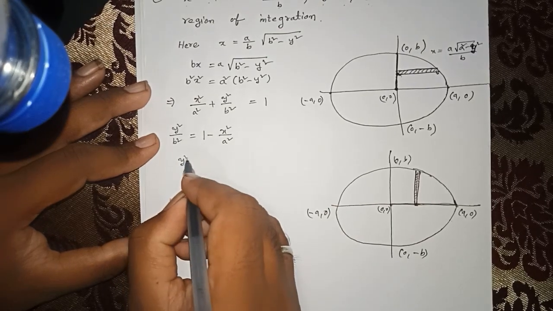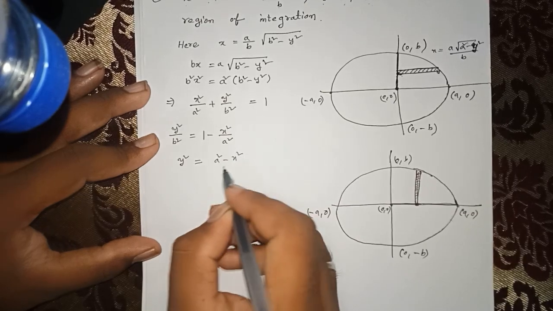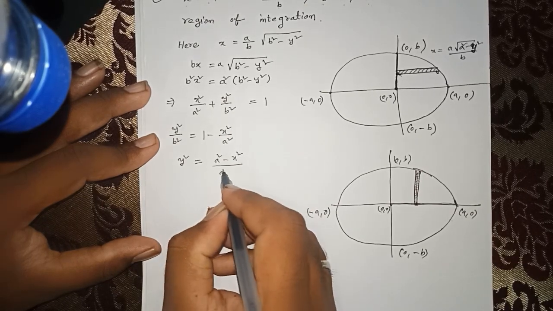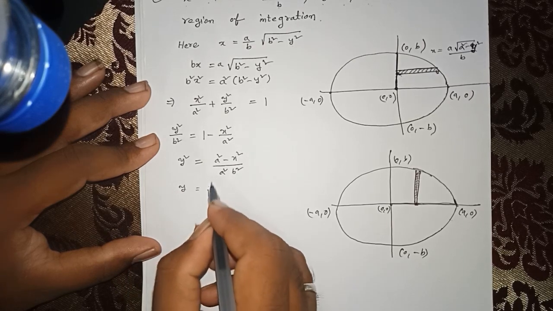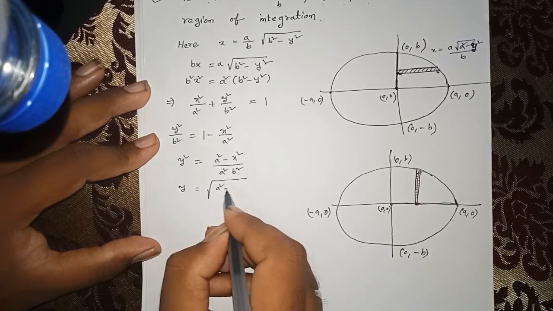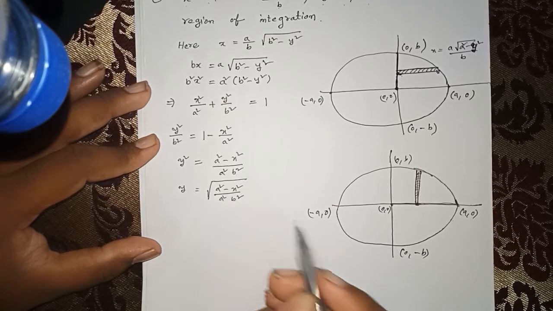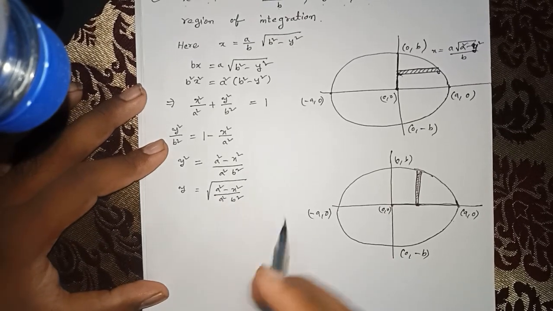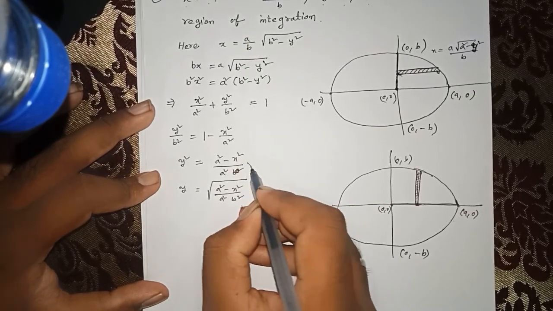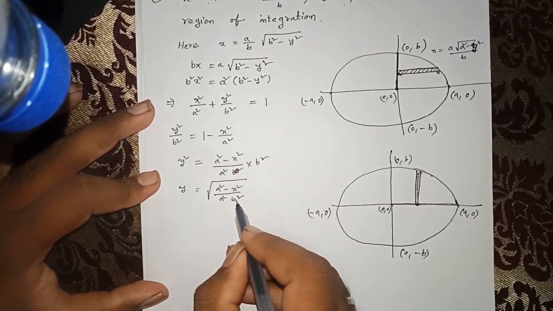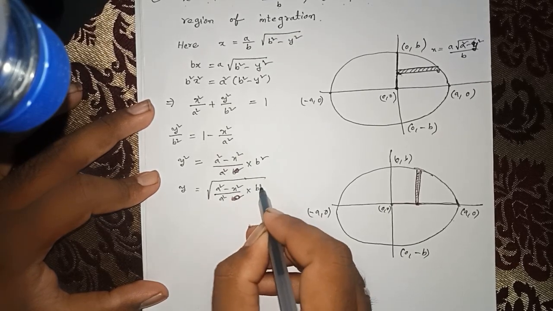Therefore y square is equal to a square minus x square by a square, into b square.